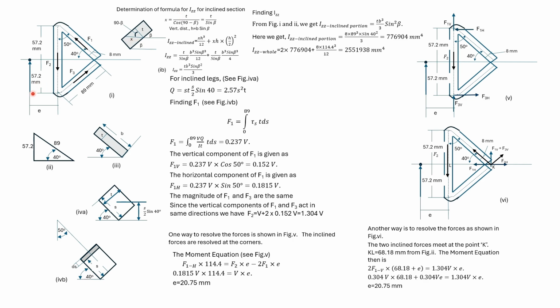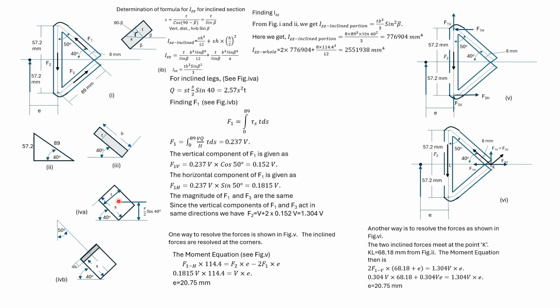If a load is applied vertically at the shear center, then the direction of shear flow and the corresponding forces in the different portions will be as shown. We now find out the force F1 in terms of V. Consider a portion from the free edge. So here a portion is taken, its length is s.